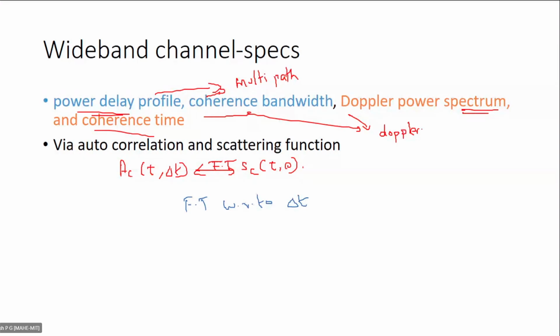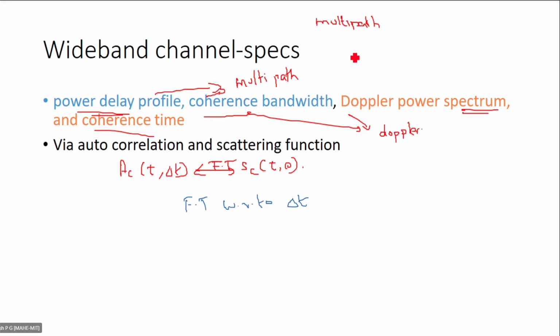Now coming to the division of the wideband channel. We can divide the wireless wideband channel based on two parameters: one is multipath, the second is the Doppler effect. For the time being, you can forget what was considered earlier, the mathematics, autocorrelation, Fourier transform, etc., and listen to this division.